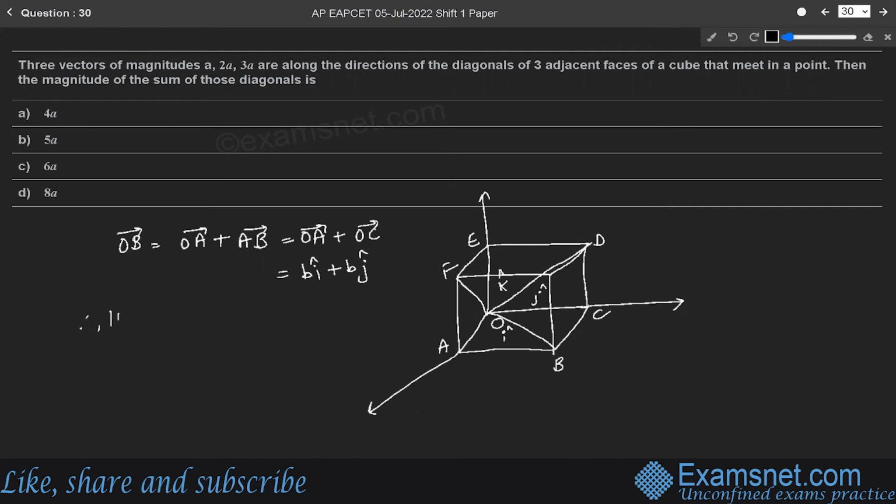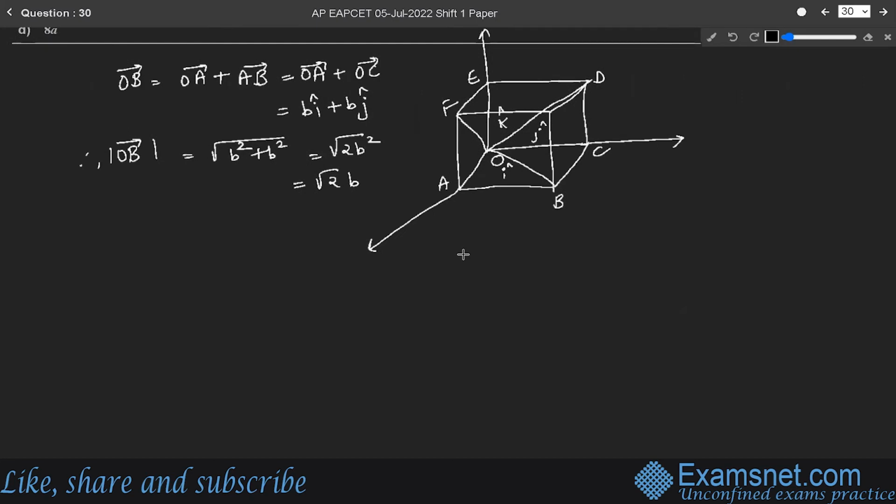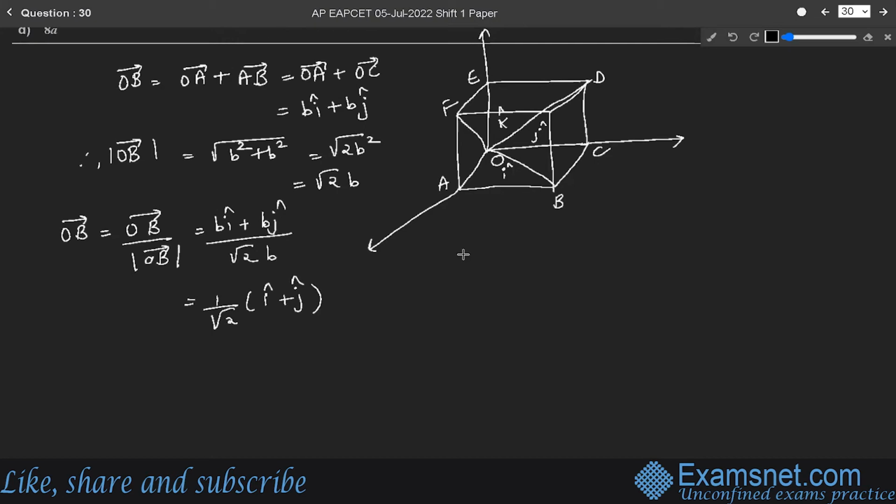Therefore, modulus of OB vector will be equal to under root of B square plus B square, which is equal to under root of 2B square, which is equal to root 2 B. Now, the unit vector of OB will be OB vector upon modulus of OB vector, which will be equal to B I cap plus B J cap divided by root 2 B. So taking 1 by root 2 outside, the remaining things will be I cap plus J cap. B and B will be cancelled.